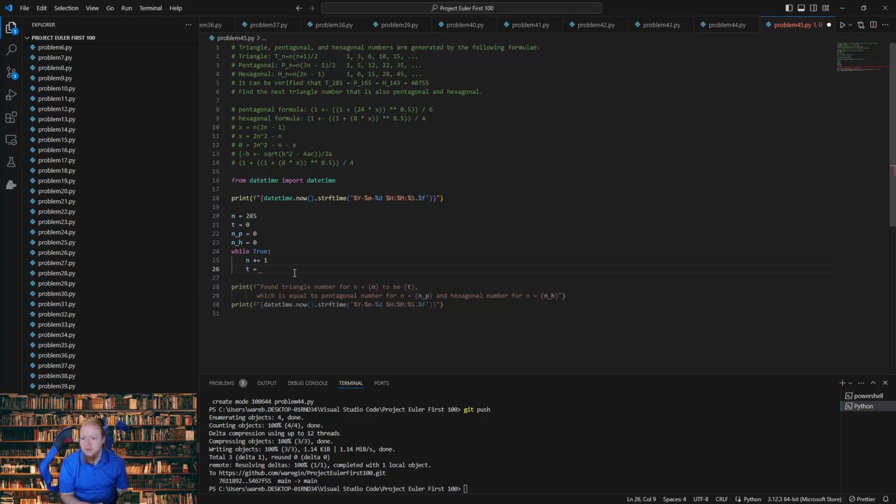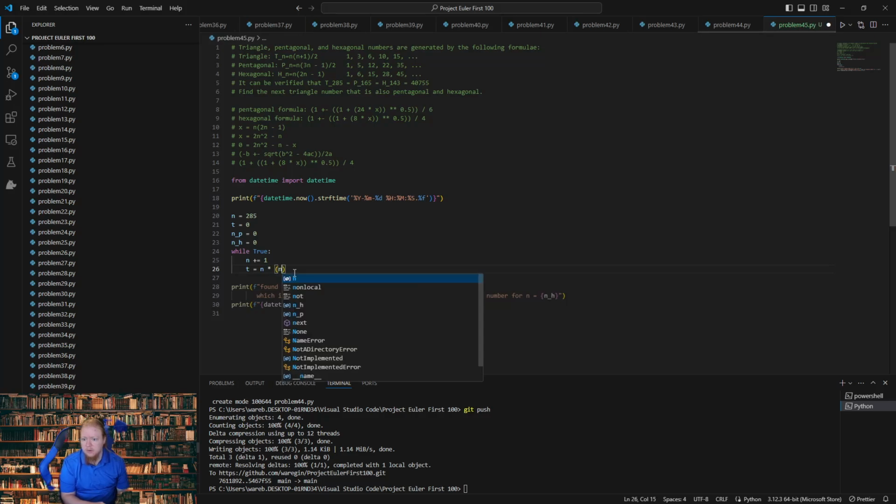So t is equal to n times n plus 1 divided by 2.